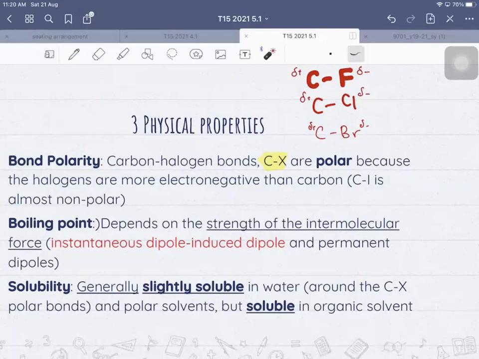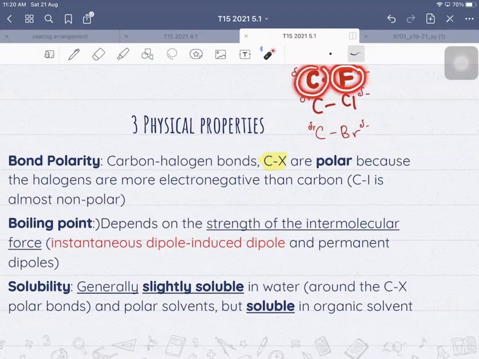So if we talk about polarity, the C-F bond would be the most polar bond, whereas the C-Br bond would be the least polar bond, and the C-I bond is just non-polar.